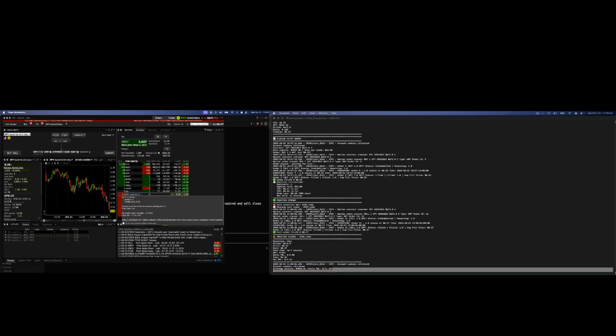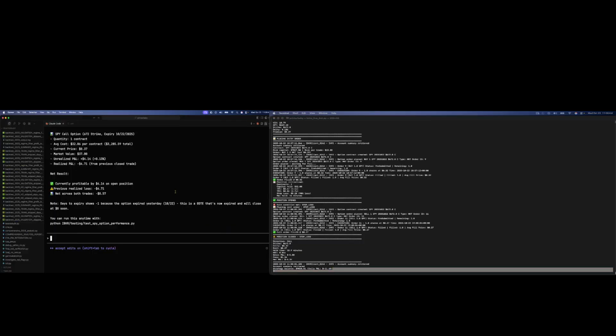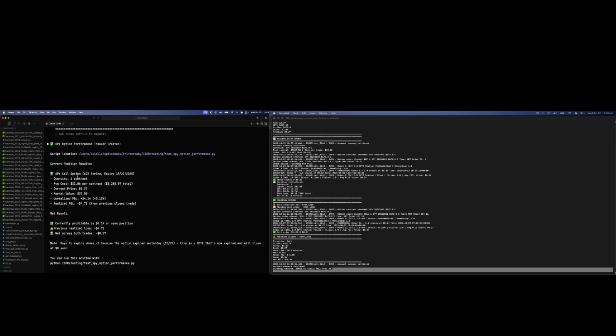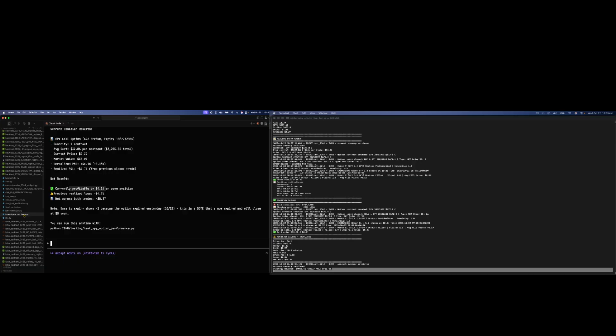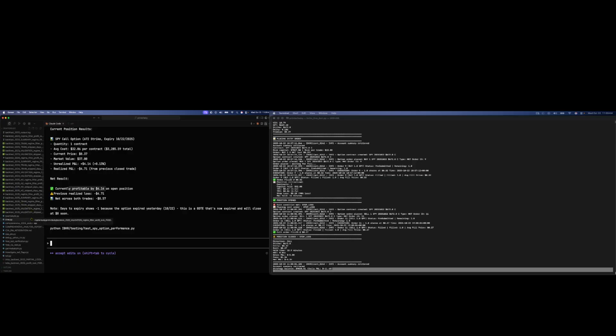It looks like we still have a couple more that are open. That doesn't make sense. SPY contract, the current position, one call, 32, 37, unrealized, from previous, not currently. So where's that? We do have a script that we can run that will just close all the positions.